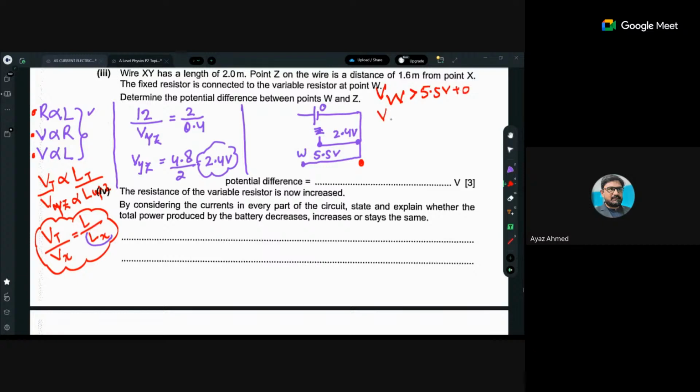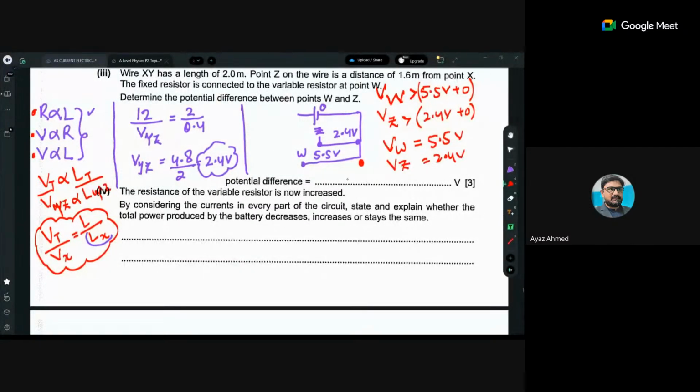And what about potential at Z? That is also greater than that. That means it is 2.4 volt plus 0. So the voltage at W is 5.5 volts, and voltage at Z is 2.4 volt.